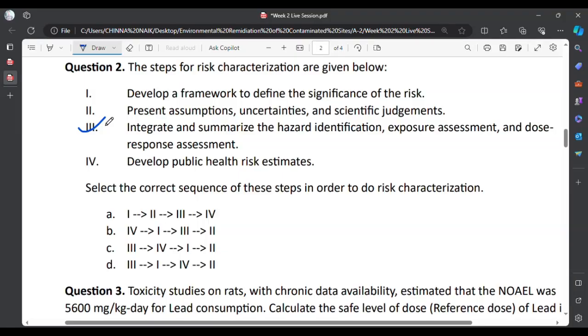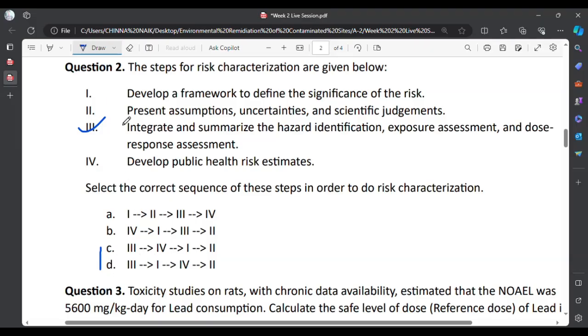Yes, step 3 is right, because in the first step of risk assessment we do identification. So summarizing the hazard identification, exposure, and dose response assessment. So the answer should be either C or D, right?